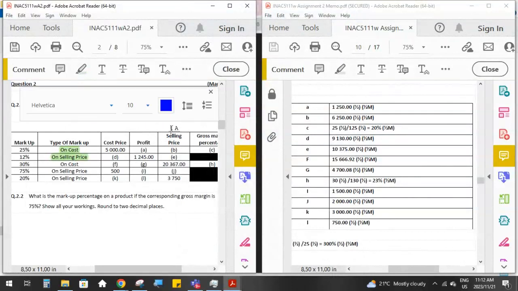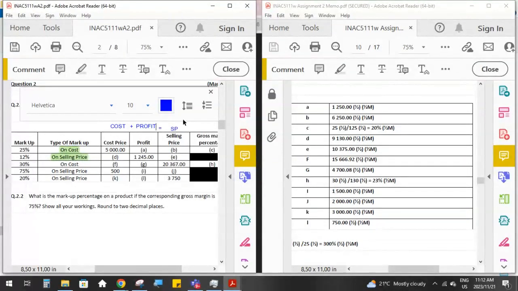Selling price, okay. How do we calculate our selling price? Cost price plus the profit that we want, because we have to always sell our goods for more than what it cost us, otherwise why are we in business?